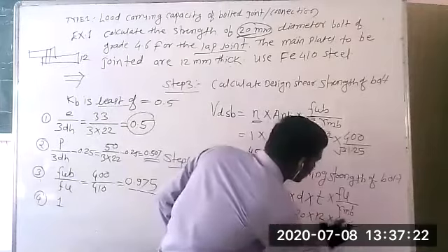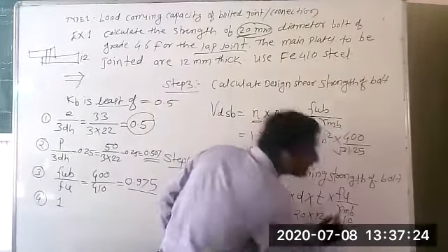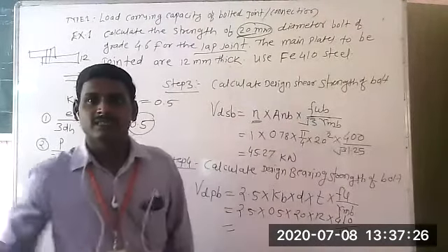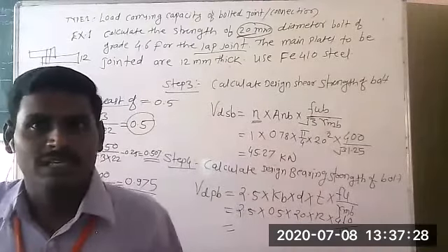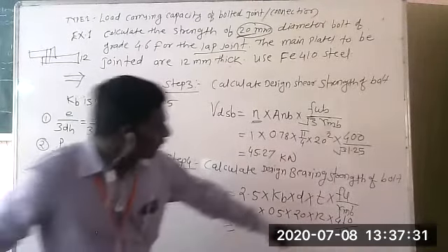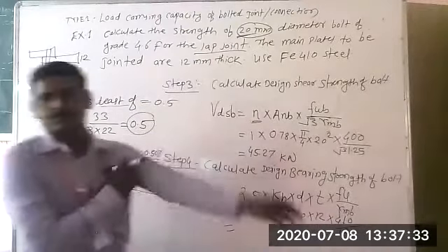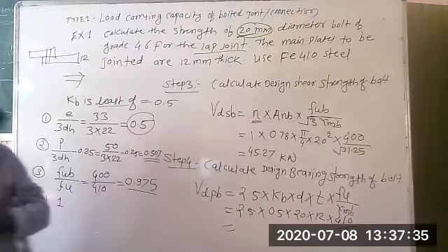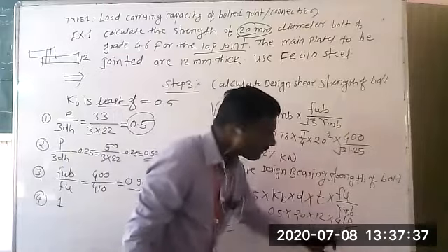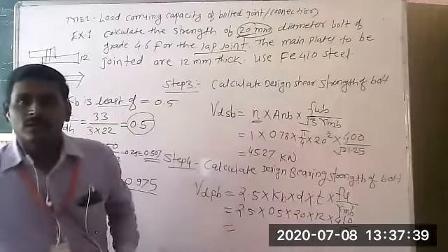Sorry, here FU is 410. Correct. Someone clear me about the value of FU. Is 410 correct? 410 divided by 1.25. Okay.